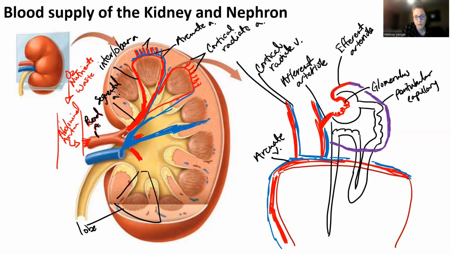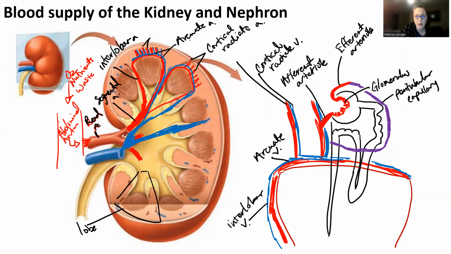So we're going to label these two so that you understand that there is a slight difference between the arteries and the veins, essentially, right? So the arcuate vein is actually going to become the interlobar vein. So basically you drain from the arcuate vein into the interlobar vein.